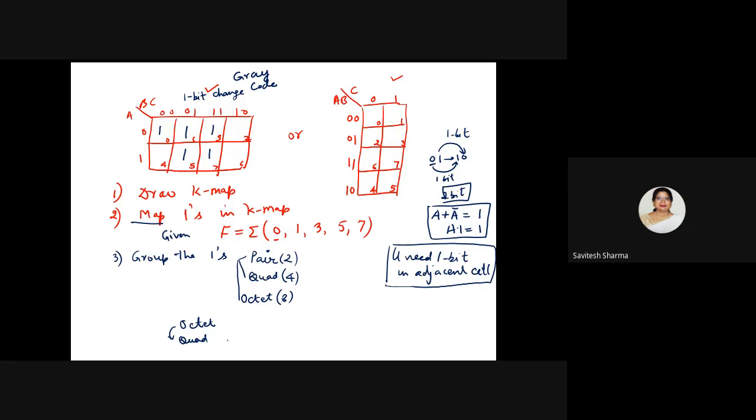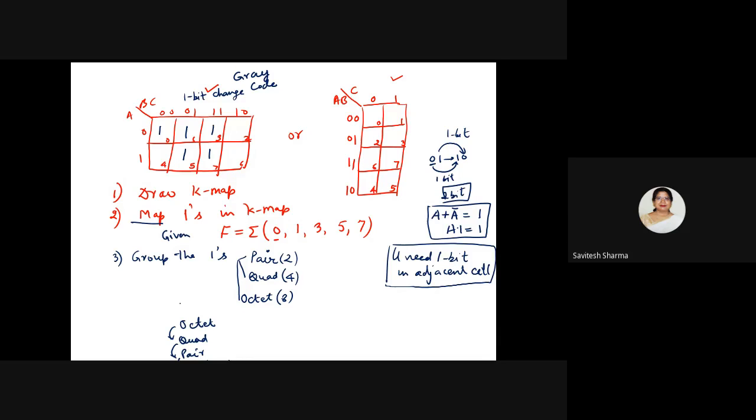Then you will find out whether a quad is forming or not. If it is forming, you will write the expression. Otherwise, you will search for a pair. If the pair is completed, then you will search for individual. If any one is still left, it cannot be grouped with any other one, then you will take it as individual.